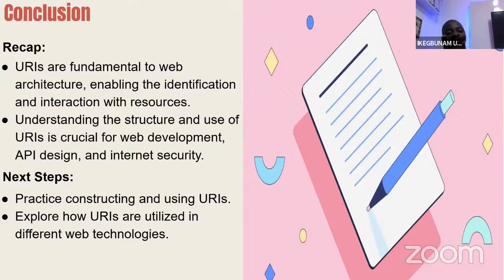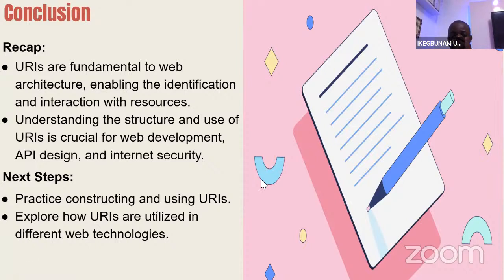Okay, so far we've talked about URIs, which are fundamental to web architecture, enabling identification and interaction with resources. Understanding the structure and use of URIs is crucial for web development, API design, and internet security.